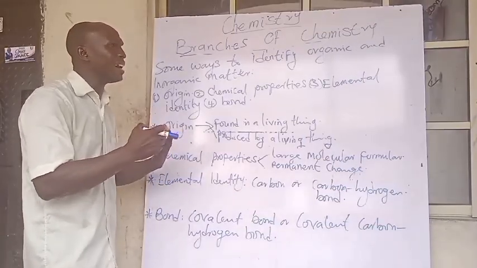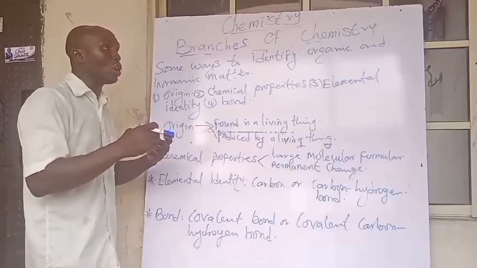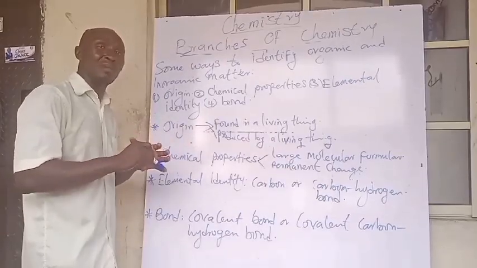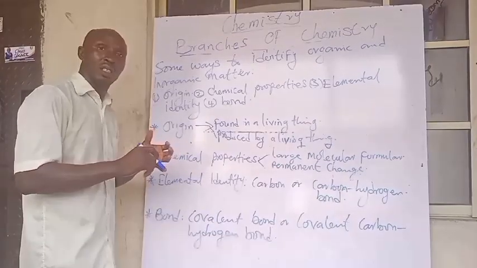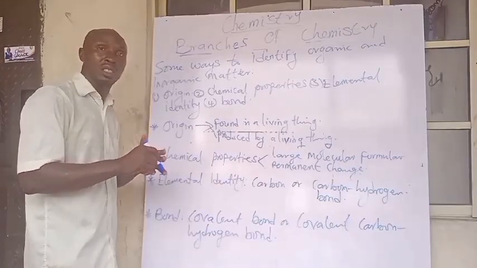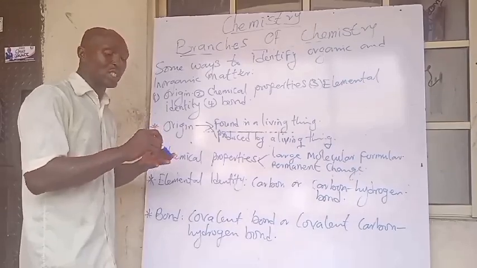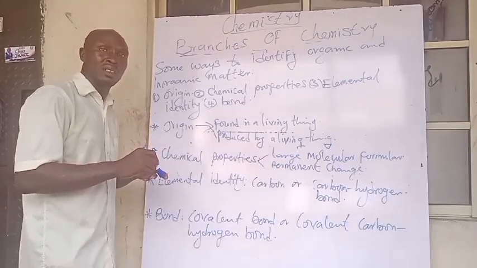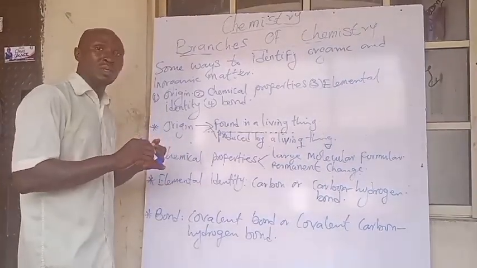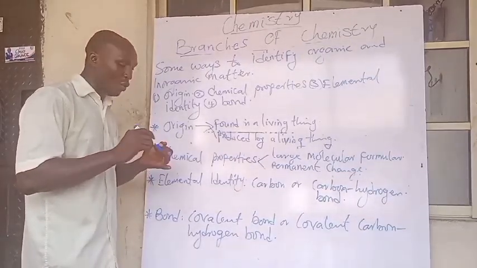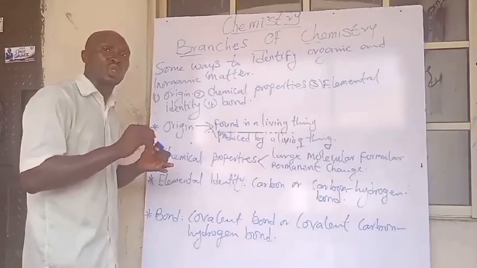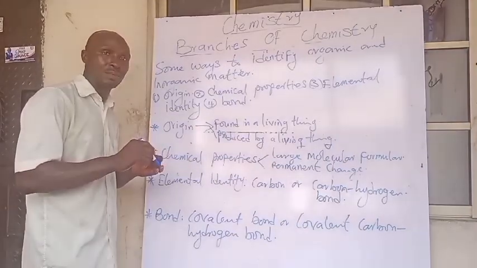If you go further to understand organic and inorganic compounds, you get to see that we talk about the solubility of that compound, the conductivity of that compound, the viscosity of it. Organic compounds are insoluble in water, while inorganic substances are soluble in water.